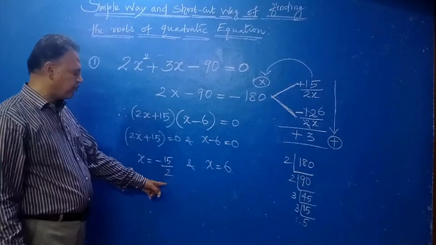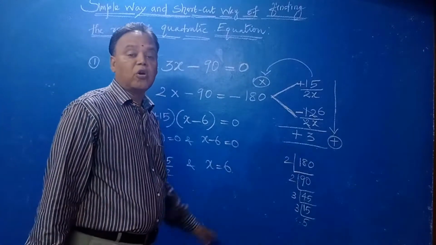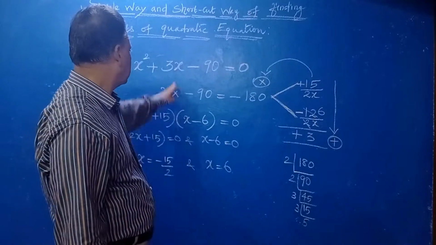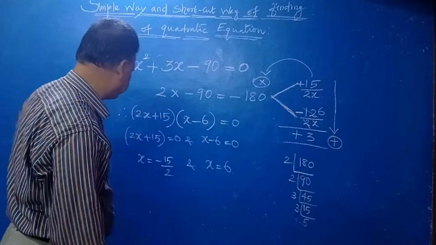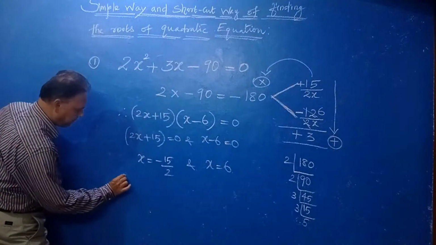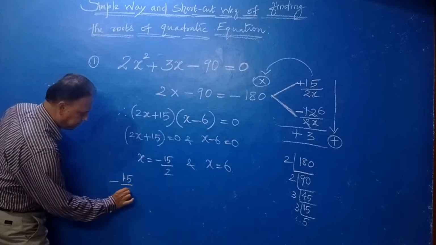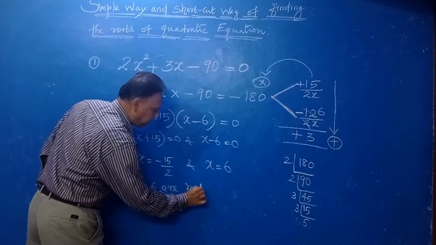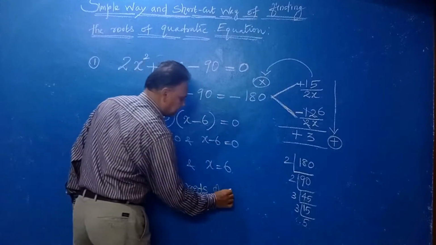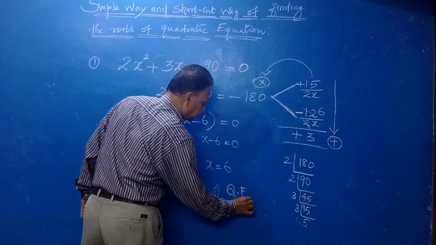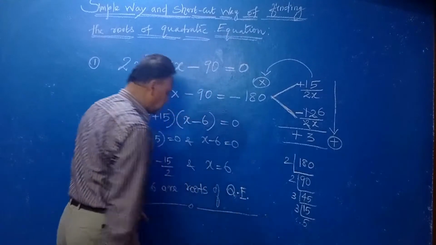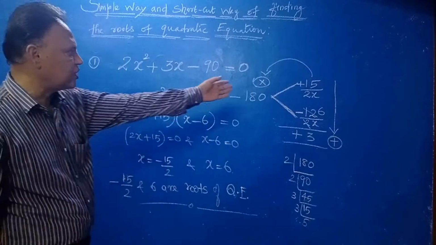So minus 15 by 2 and 6 are the roots of this quadratic equation. Easily you can find the roots using this method.